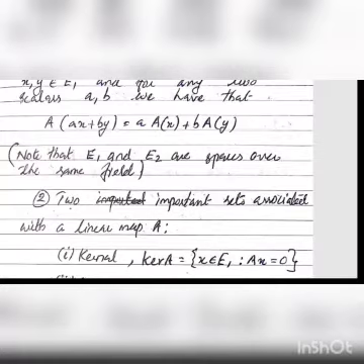That means you are collecting the images of all the elements of E1 and putting them together in a set. It will be called the image set. We have proved that the kernel of A and the image of A are also linear spaces, that is, both are vector spaces. That we have proved in your linear algebra course.